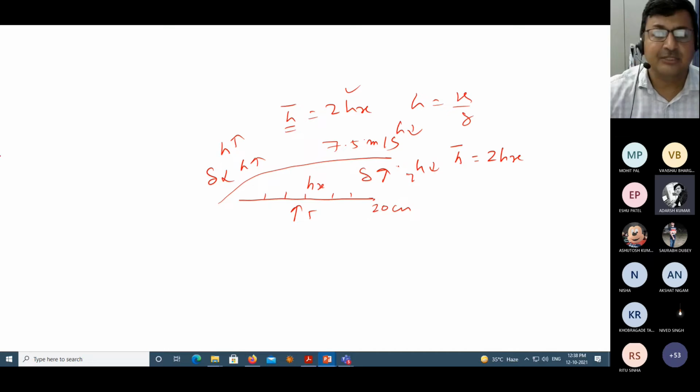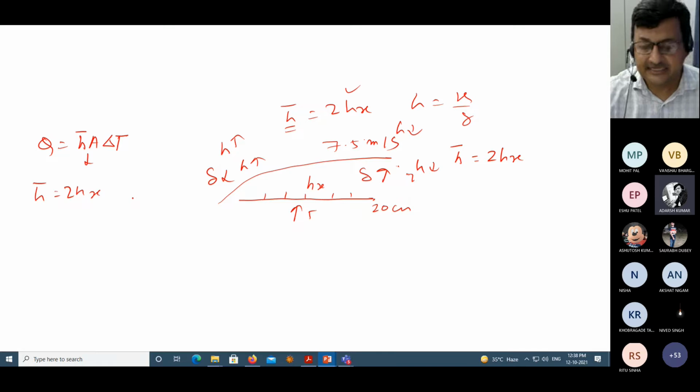When you are going for this calculation, Q equals H average A into delta T. This H average you will calculate from Hx, and the correlation will be H bar equal to 2 into Hx for this particular problem.